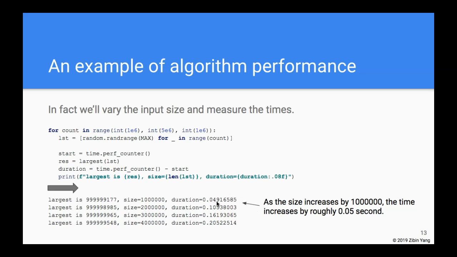The first time it takes about 0.05 seconds, then the second time it takes 0.1 second, and then 0.16 second and 0.2 seconds. So every time the size is incremented by a million, the time increases by roughly 0.05 seconds. So that's kind of a hallmark of a linear function, right?